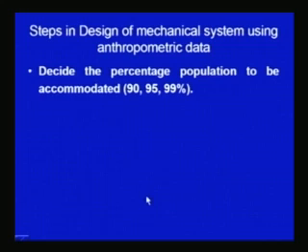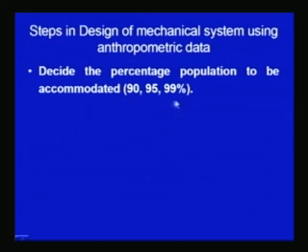Other steps in design of the mechanical systems using anthropometric data include deciding the percentage of population which is to be accommodated. This percentage of the population is decided in case of the principle for extremes and the principle for adjustable range.